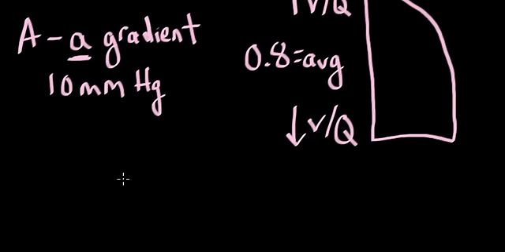So one major way to affect gas exchange is to have blood going to an area of the lung that is not as well oxygenated as it should be. The other way to affect gas exchange is through diffusion abnormalities, but I'm not going to go into detail about that in this video. So, there are only two possibilities for someone at rest to have a high AA gradient, or a large difference between the alveolar and the arterial concentration of oxygen.